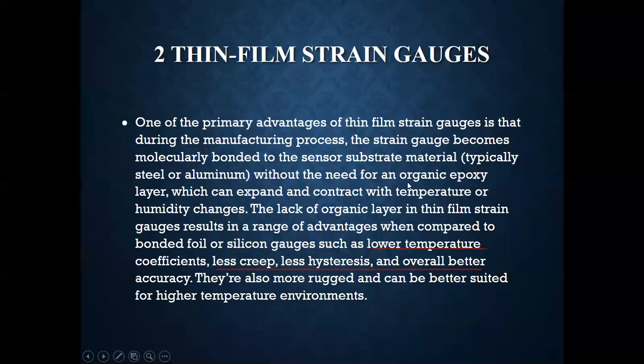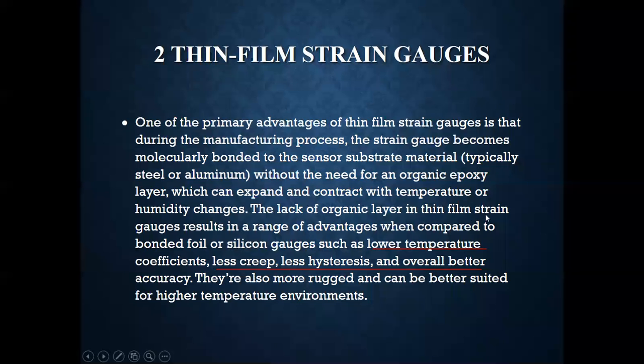It can expand and contract with temperature or humidity changes. Suppose we are using an epoxy layer in order to bond the foils to the base, this epoxy layer also has some variations that will cause some problems.